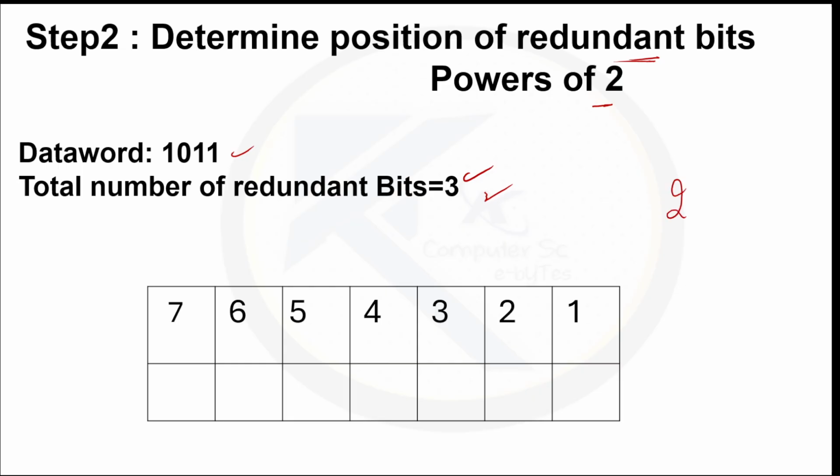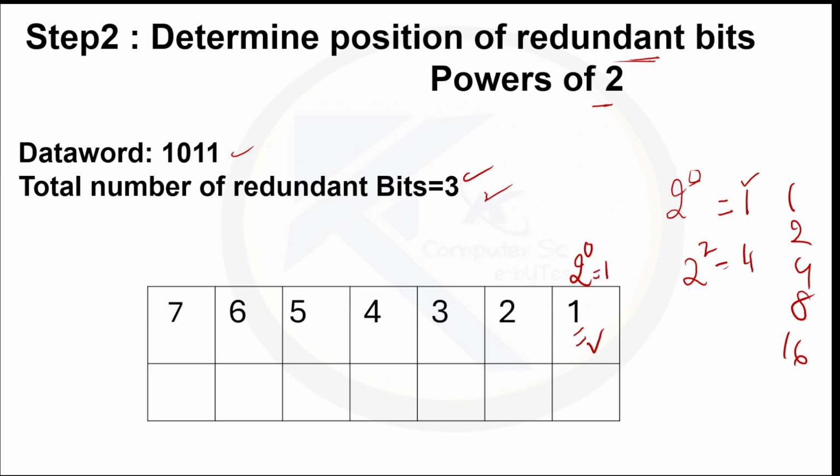That means if you write some power over here, you will get some answer like 2 to the power of 0 is 1. So we will check whether 2 to the power of 2 is equal to 4. So we know 1, 2, 4, 8, 16. These are the powers of 2. So here for one position, 2 to the power of 0, that is equal to 1.